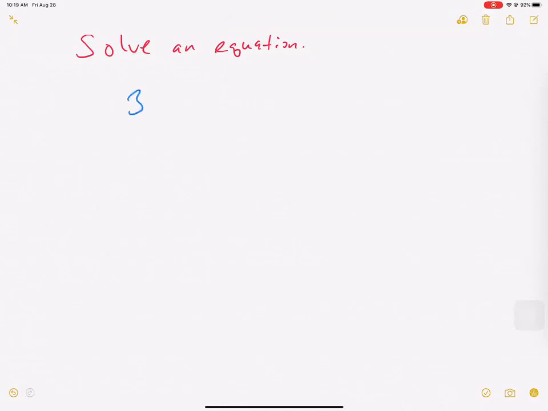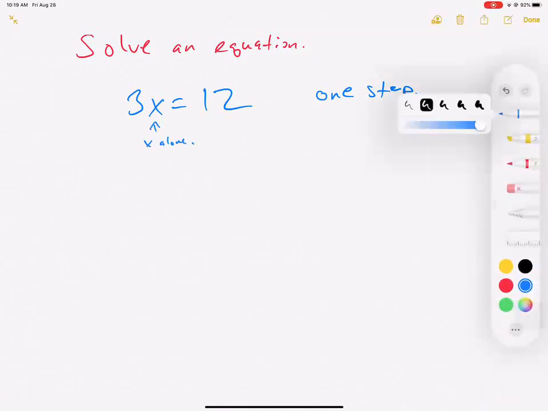If I say 3x is equal to 12, this is what we call a one step, because there's only one thing wrong with it. So we mentioned before that my goal is to get x alone. I labeled this with numbers 1 and 2. So 1, identify which variable you want to solve for.